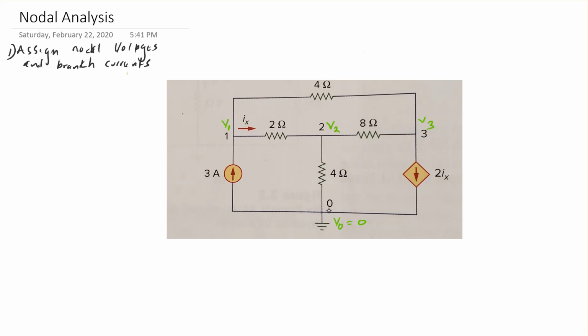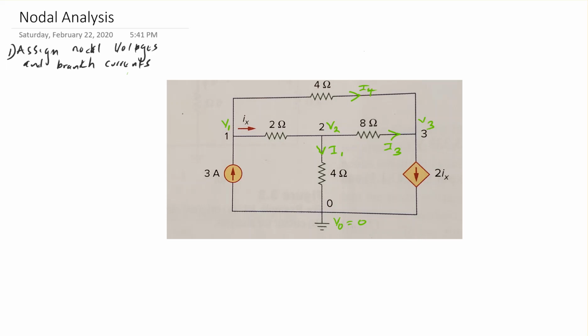So for 2, 0, assume it's flowing this way, I'll call it I1. For 2, 3, I'm going to pick this direction and I'll call it I3, and then for the one at the top, I'll pick this direction and call it I4.